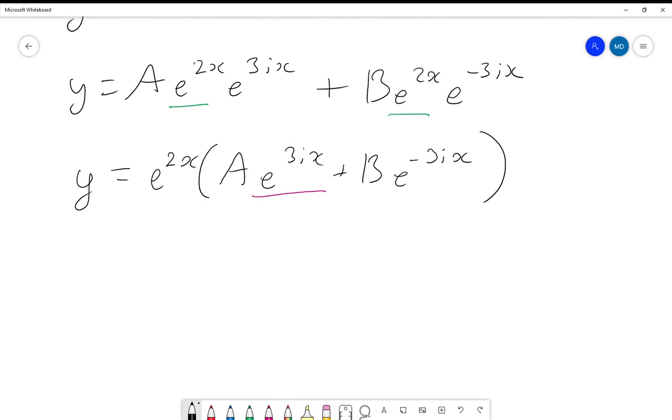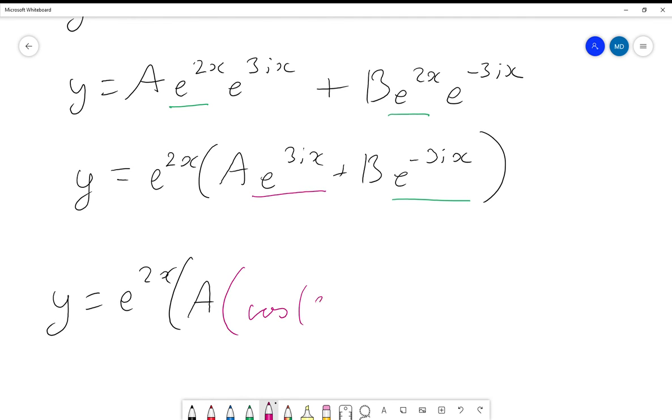And as such, we can write it in sine cosine form, in argument form, as it were. And so I'm going to write down these two complex numbers in argument form. So we get y is equal to e to the 2x multiplied by a lots of cosine of 3x, because remember, we're dealing with a situation of e to the i theta here, where theta is 3x.